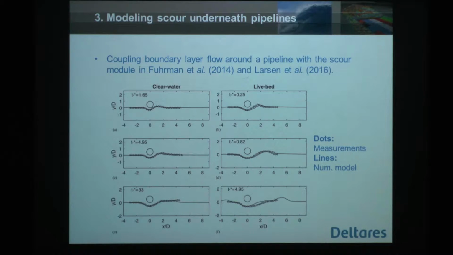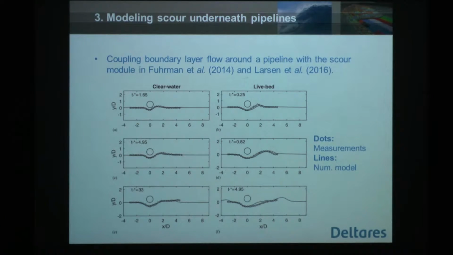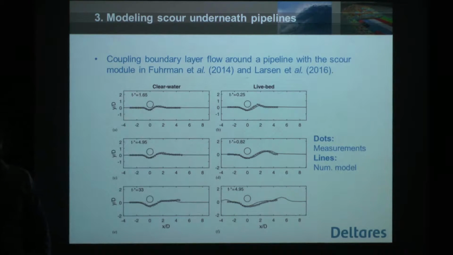So, what has been done? From the Technical University of Denmark, two recent papers where they're looking at scour and backfilling around marine pipelines. And this is taken from their paper in 2016. We have dots of the measured profile of a sandbed.